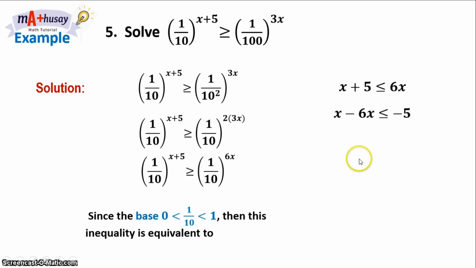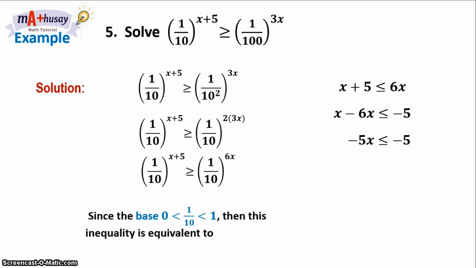So, to solve for x, we have x minus 6x less than or equal to negative 5. So, combining like terms sa left side ng inequality, we have negative 5x less than or equal to negative 5. To solve for the value of x, we have to divide both sides of the inequality by negative 5.